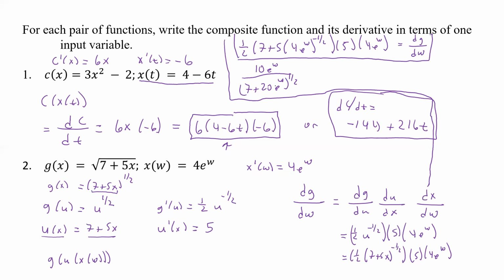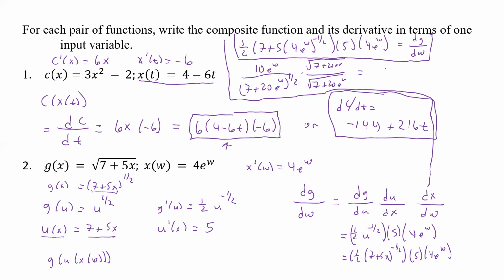So, that looks good, but what is to the 1 half? That's the square root. Now, do we always rationalize our denominators? Well, we're supposed to. And so what we would do is we'd multiply by the square root of 7 plus 20e to the w all over the square root of 7 plus 20e to the w.